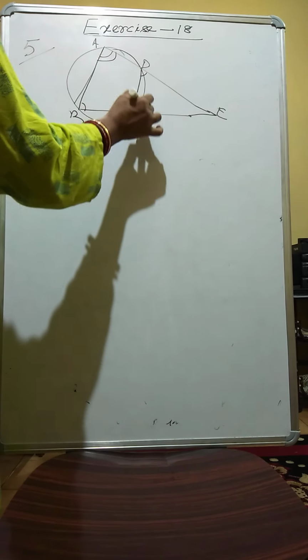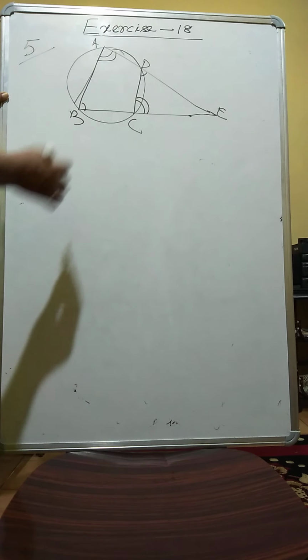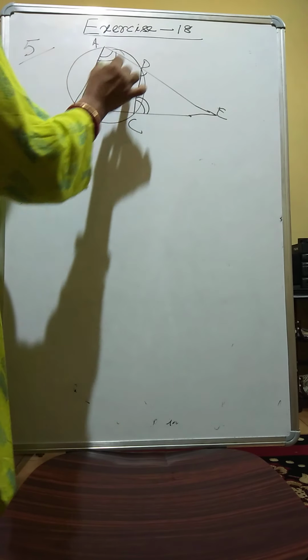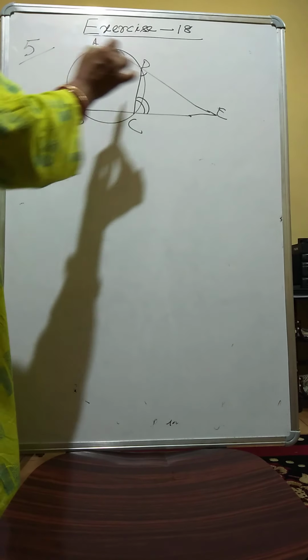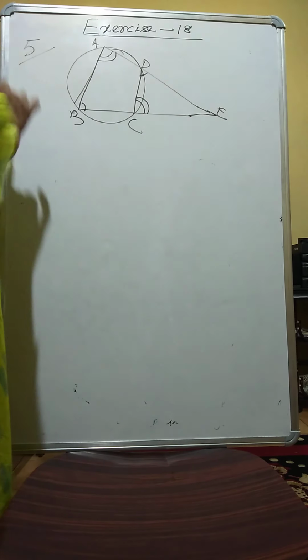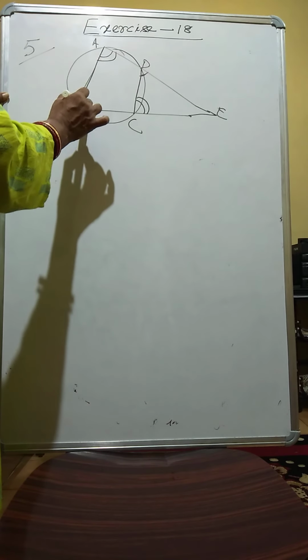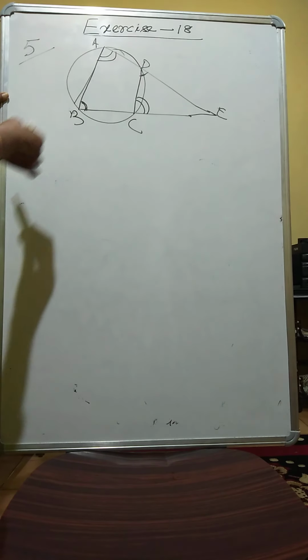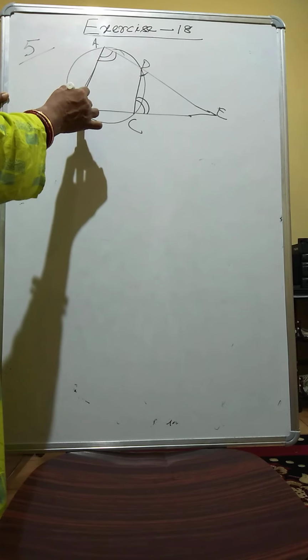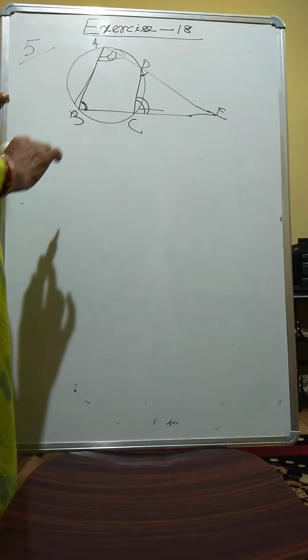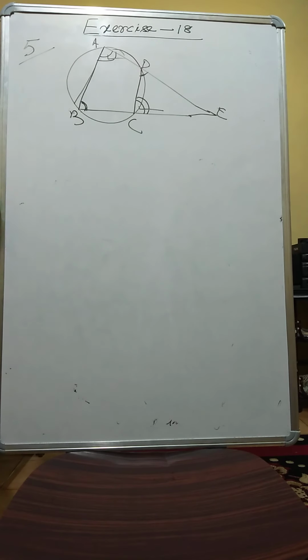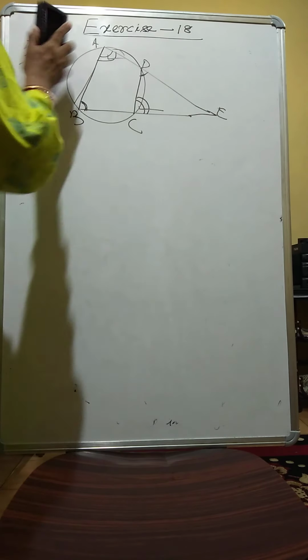This angle is equal to this angle. Why? Exterior, this is a cyclic quadrilateral. A, B, C, D, they are lying on the circumference. So, exterior angle of the cyclic quadrilateral is equal to interior opposite angle of that cyclic quadrilateral. Or this is equal to this one. You can write. We'll start now numericals.